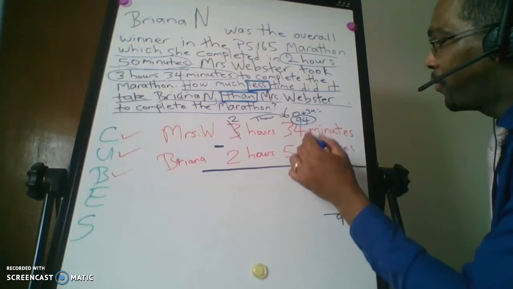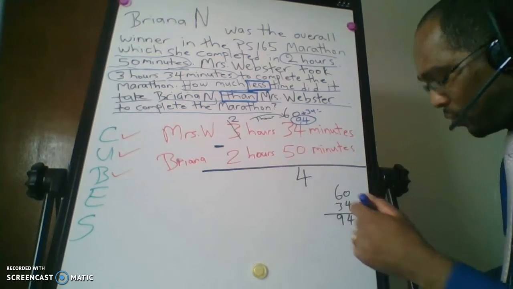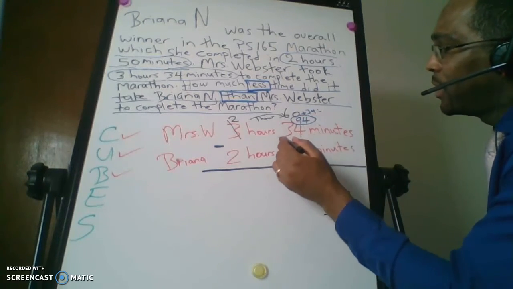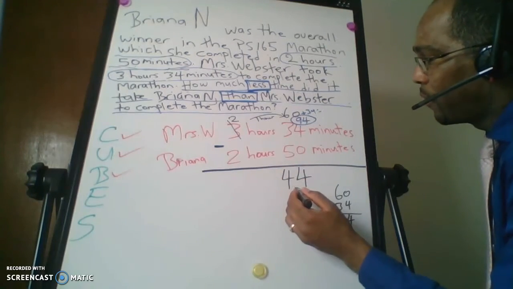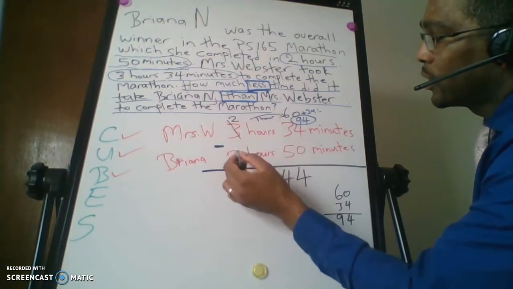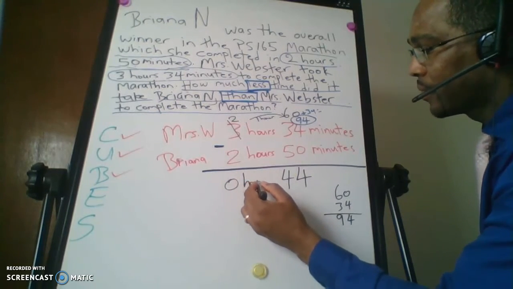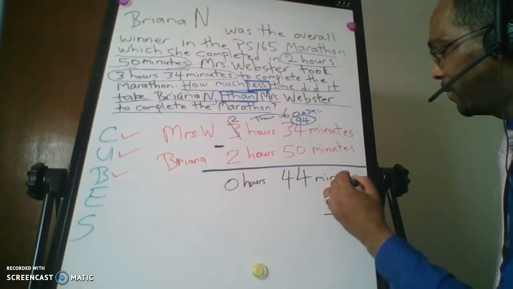So I have 4, I'm going to take away 0 from 4. I will still have my 4 here, and now I have 9 minus 5 is going to be 4, and 2 minus 2 is 0. So it's going to be 0 hours and 44 minutes.